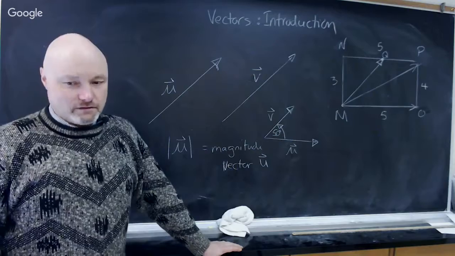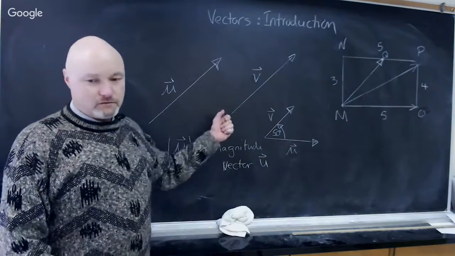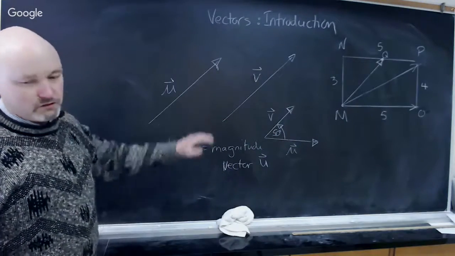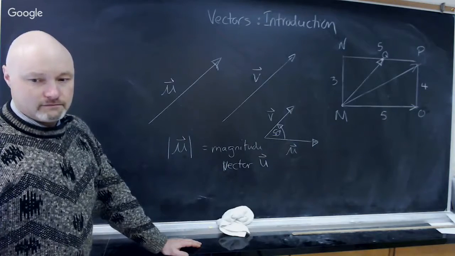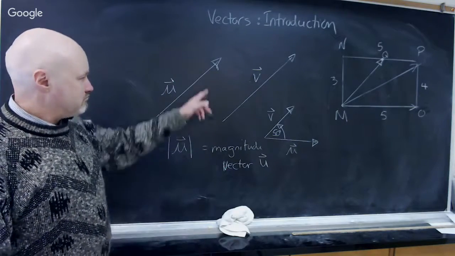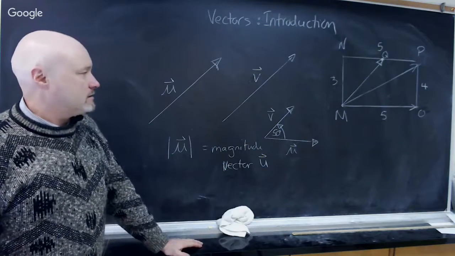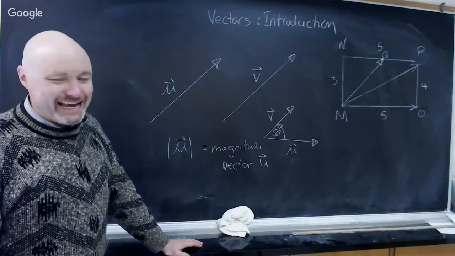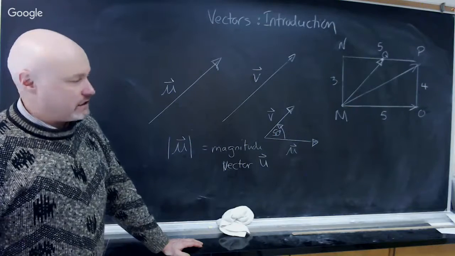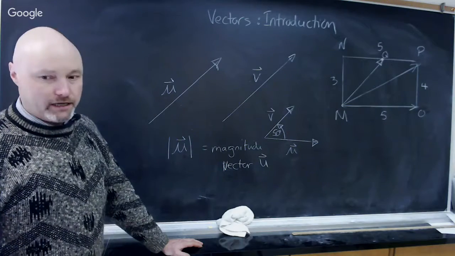And if it's a negative, what would negative u look like? The tip is on the other side? Basically, it's just reversed. It just goes the other way. Other than that, as far as the introduction goes, that's about it.